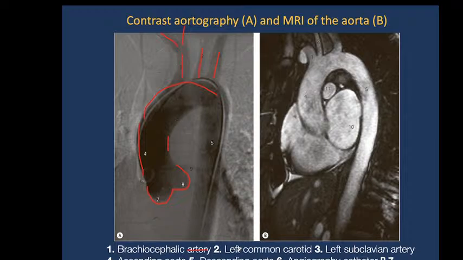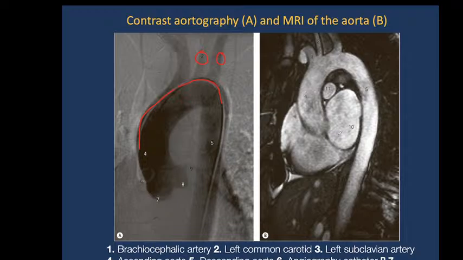Then number 2 is left common carotid artery and number 3 the left subclavian artery as well. Take a look at this structure. That is a catheter which is inside of the aorta, and through the catheter the contrast fluid comes into these large vessels.